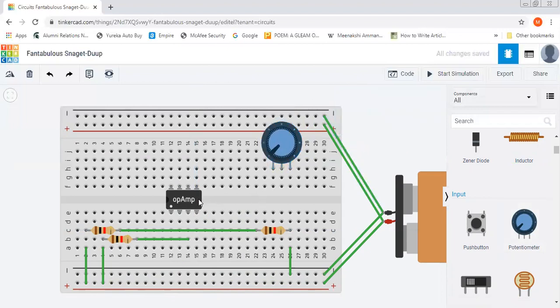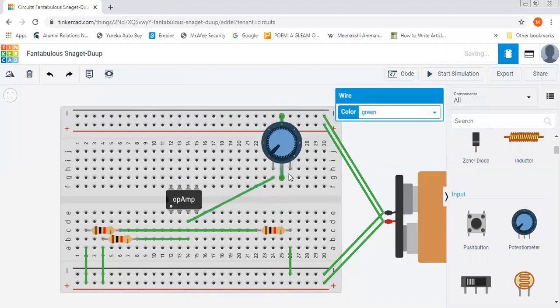So we have connected it to the non-inverting terminal. Let us check it again. Yes, it has to be connected to the non-inverting terminal.